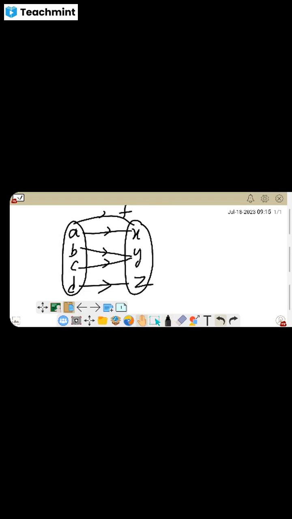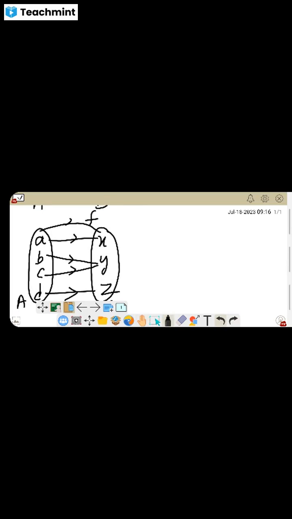Why do we say this is a function? Because more than one element of A can be associated with a unique element of B. If we have a function f(x) is equal to x square, then if we put x is equal to 2, we have f(x) is equal to 4.